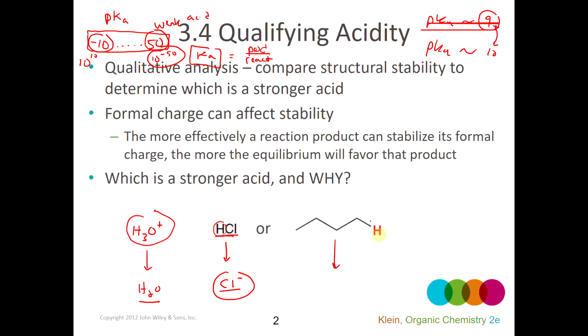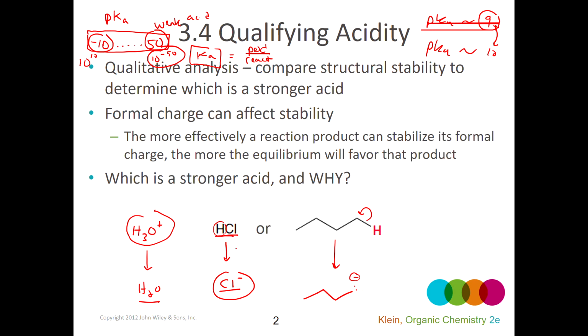If upon donating the proton the electrons stay behind and I get a very unstable charge, then that original compound would have been a very weak acid, because very few of those molecules would ever donate a proton if it produces something that's so unstable. So we're going to look at a variety of factors today and try to rank how important those factors are in judging the strengths of acids and bases.